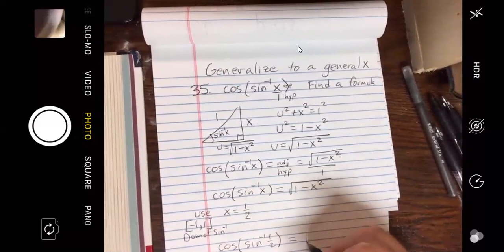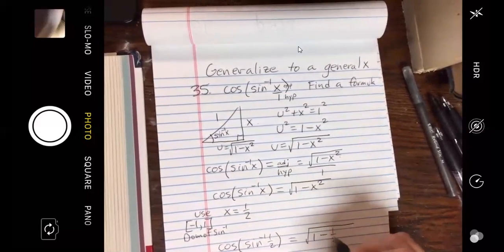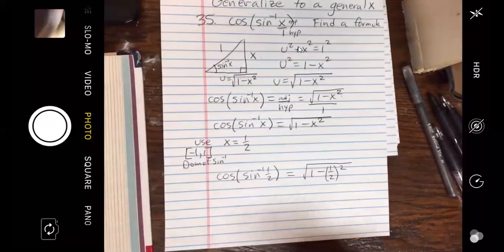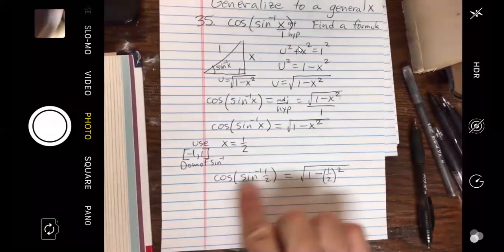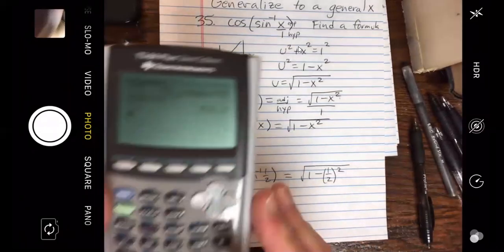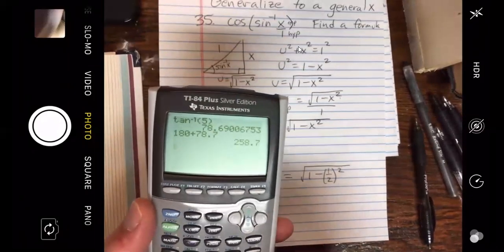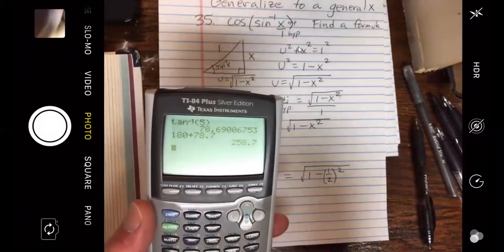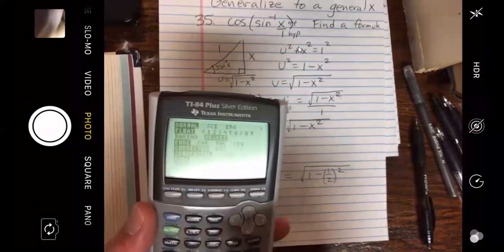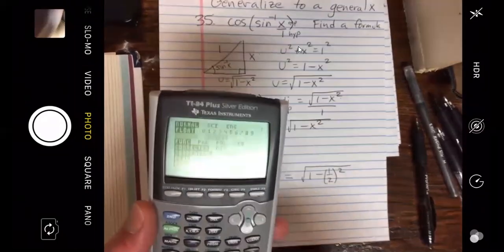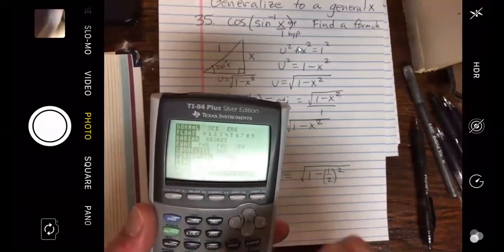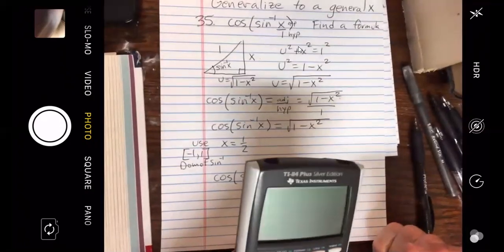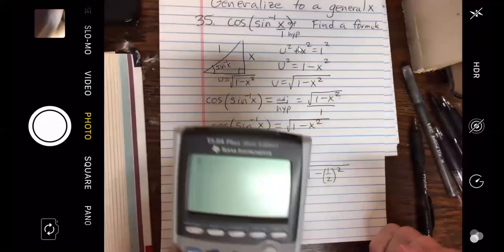And over here I'll punch square root of 1 minus 1/2 squared. See, so now you have calculators where you punch these labels directly. Probably want to be in radian mode. Yeah, we want to be in radian mode, although it might not matter. It should work either way, actually.